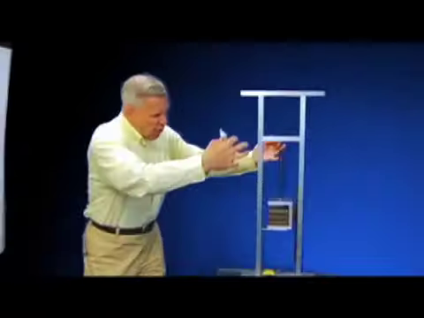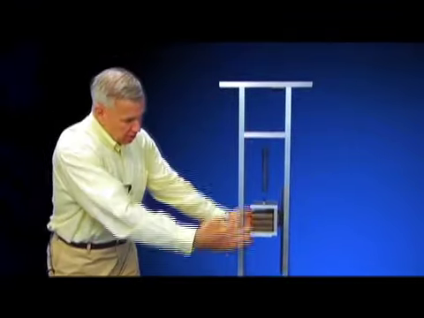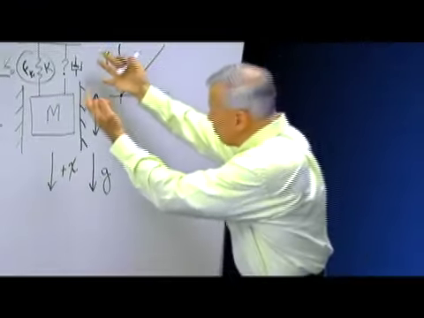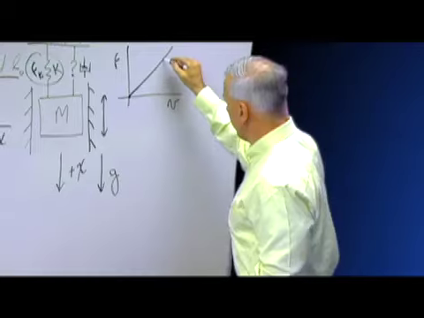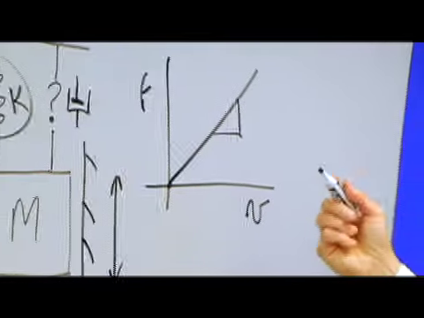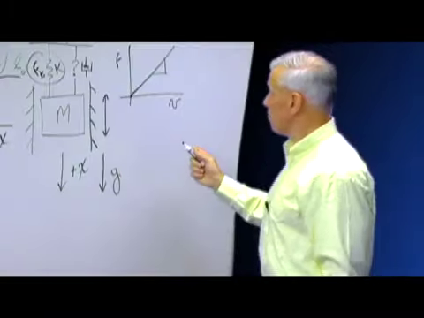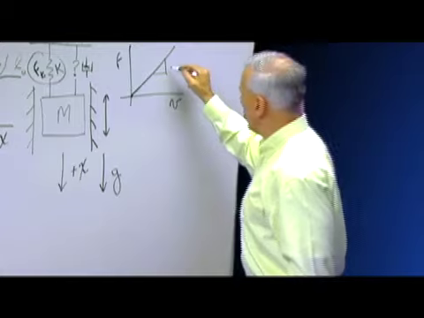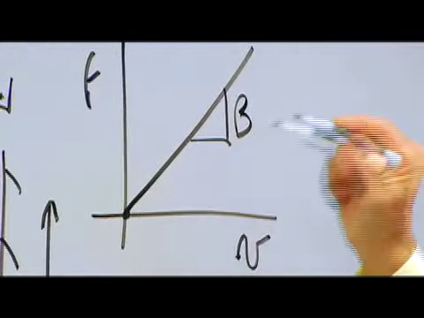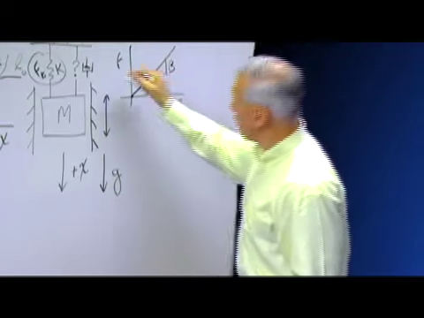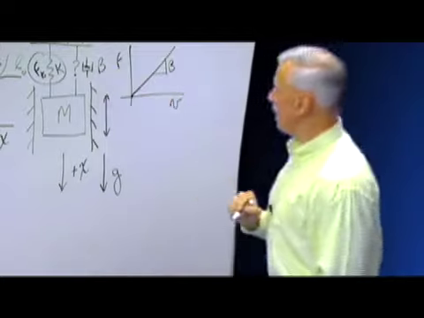I'm assuming I'm trying to capture the physical nature of the energy dissipation in the system by this pure and ideal element. And again, this is an assumption. How good is the assumption? I don't know yet, but I must know, and we will. The slope is B. That's called the viscous damping coefficient, and I assign it to that element.